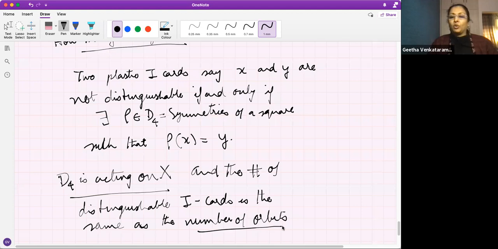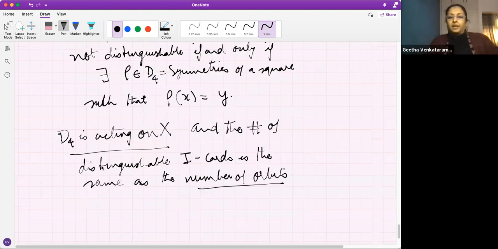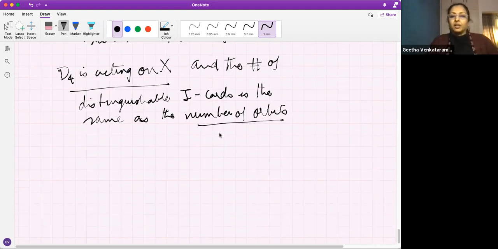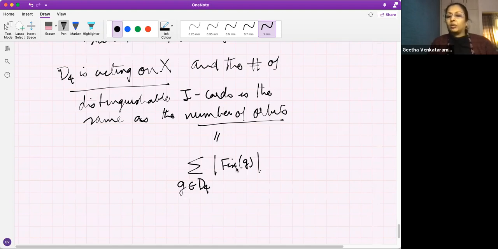And we know by Burnside's lemma that the number of orbits is equal to the summation over g belonging to D4 of the order of fix g. So now what we do is, for each element in D4, we calculate how many plastic I-cards it will fix.